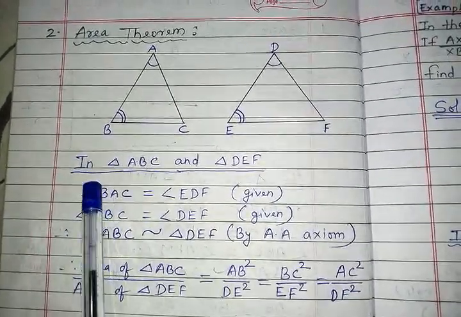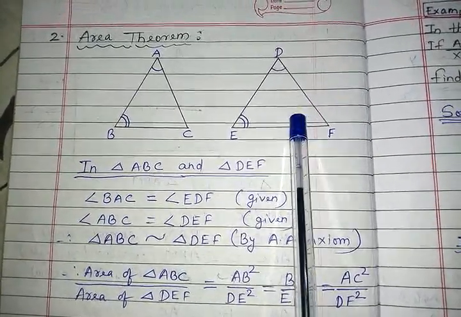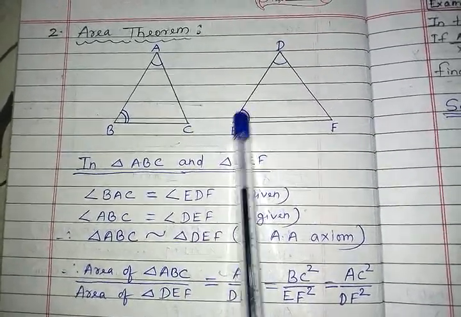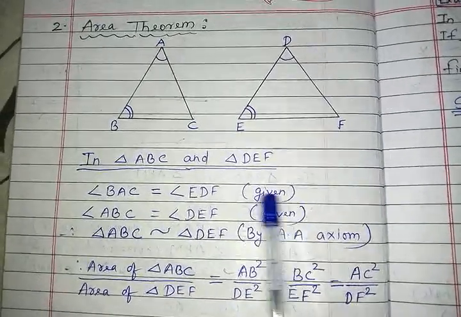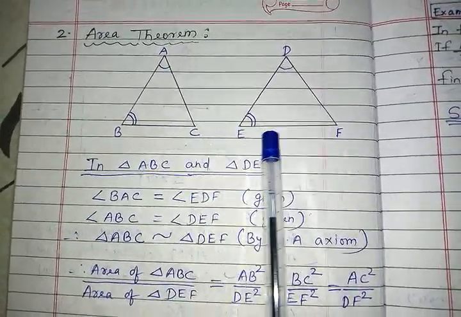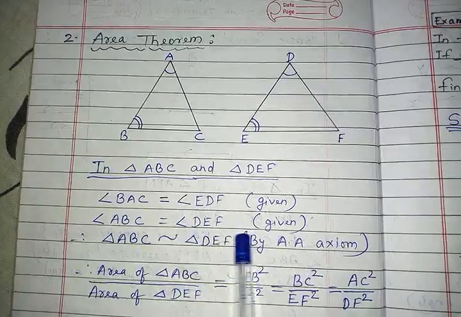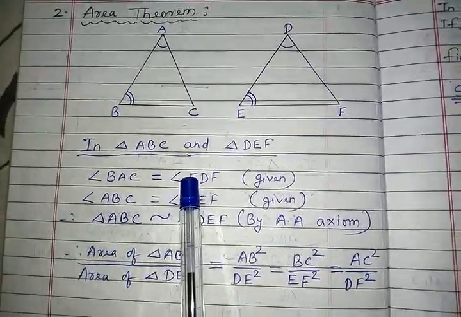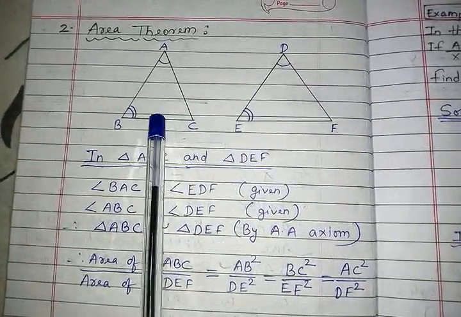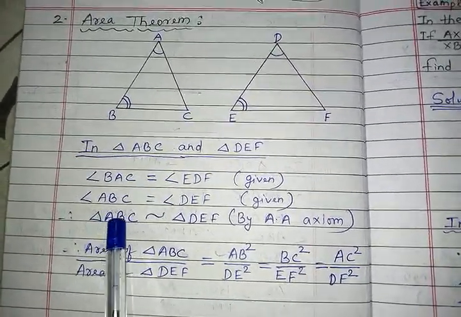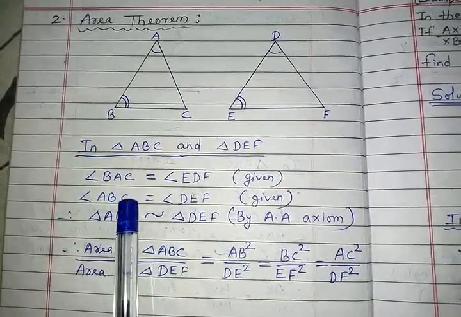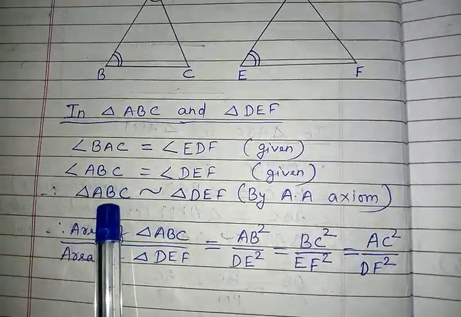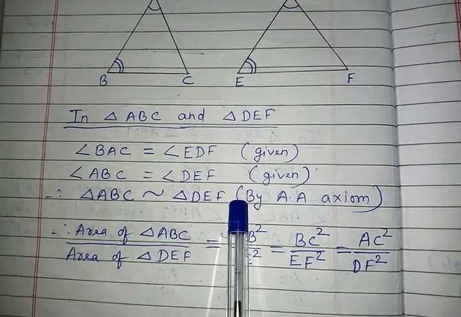So in triangle ABC and triangle DEF, angle BAC is equal to angle EDF is given. Angle ABC is equal to angle DEF, that is also given in the diagram itself. Whenever two angles of two different triangles are equal, then both triangles become similar.